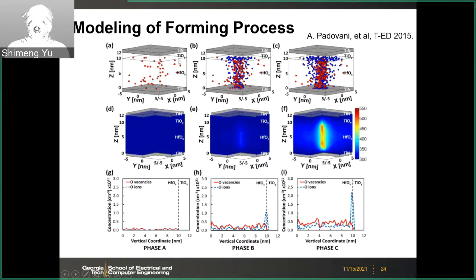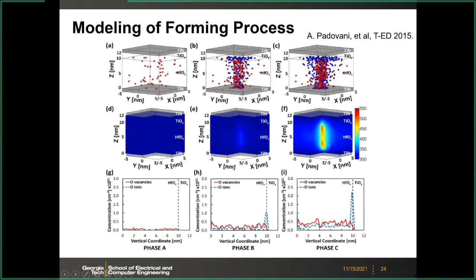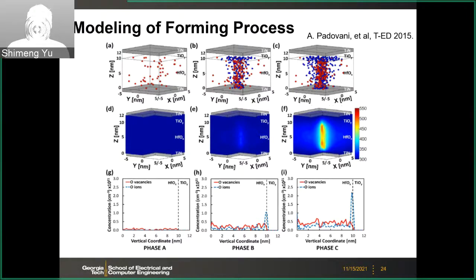And in this case, they have titanium as a capping layer. And then after the set process, you create many of those vacancies, so the red dots are located in this part. And you also create many of those blue dots, which are oxygen ions. And then after the set process, the oxygen ions accumulate at the interface, and what is left behind is this filament region.